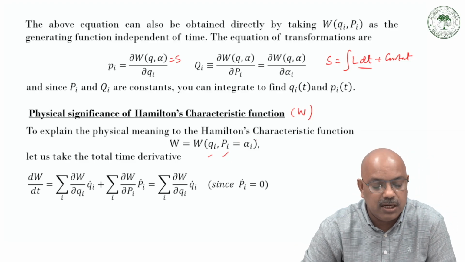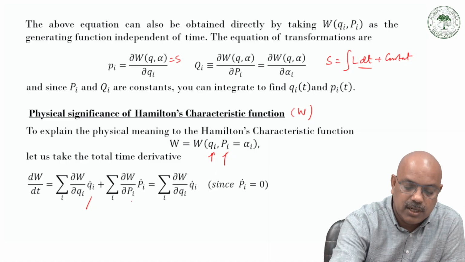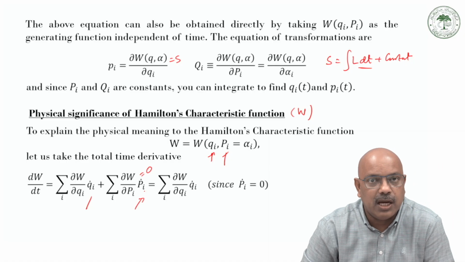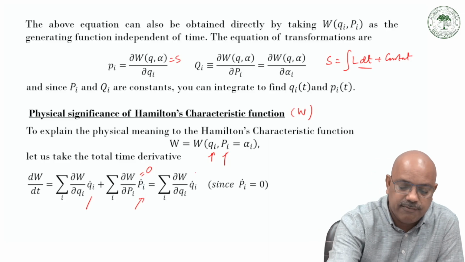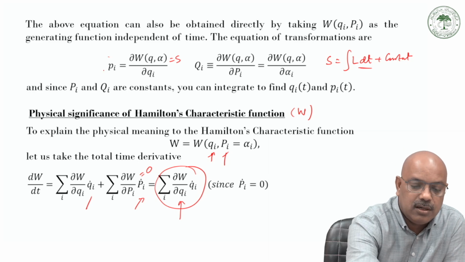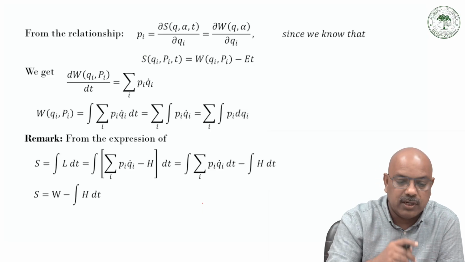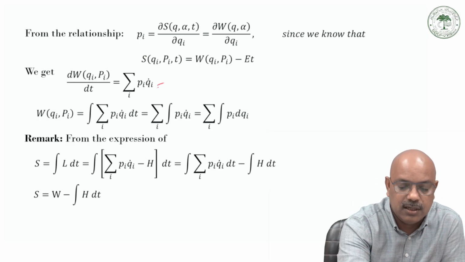So if I take the time derivative of this, from here I am going to get Q dot, and from here I am going to get P dot, but this is going to be 0, because capital Pi dot is going to be 0. So I just have one coordinate, and you see that delta W by delta Qi is going to be P. So that is going to be P Q dot.